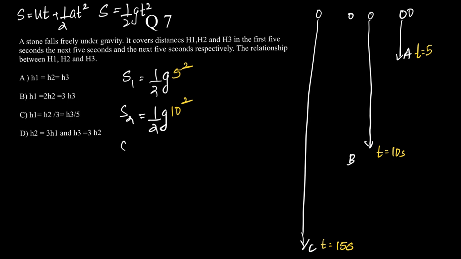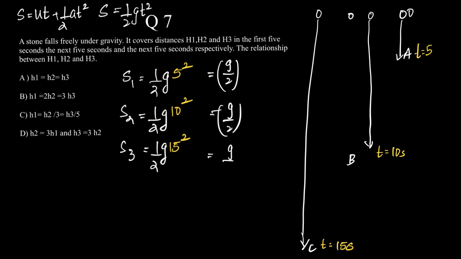And what is S3? Half into g into 15 square. So this will be equal to g by 2 into 5 square is 25, 10 square is 100 and 15 square is 225.